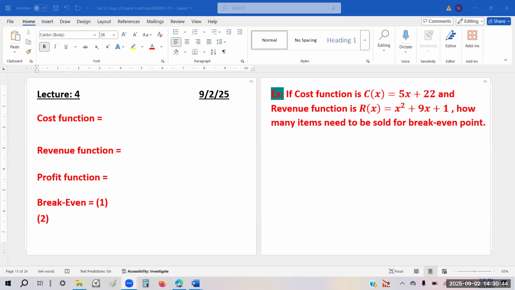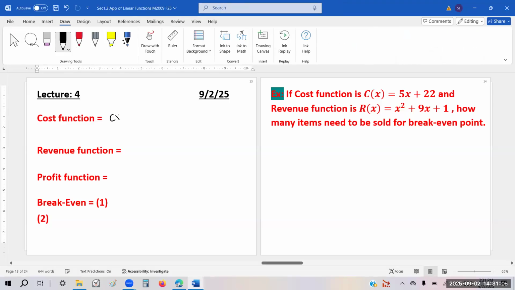Let's see how much you remember from last week. Who can tell me the format of a cost function? How do you figure out a cost function? What's the format? C of x equals mx plus d.